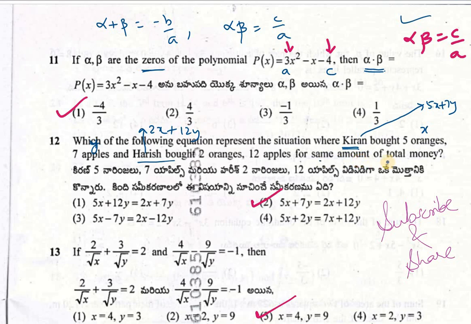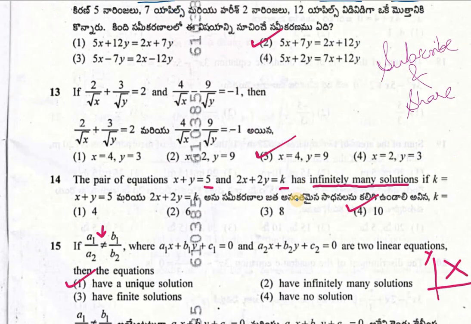For the same total amount of money, that means both expressions are equal. So 5x plus 7y is equal to 2x plus 12y, which is the second option. Very simple: write oranges as x, apples as y, and because both are for the same amount, both equations are equal. So option number 2 is correct.